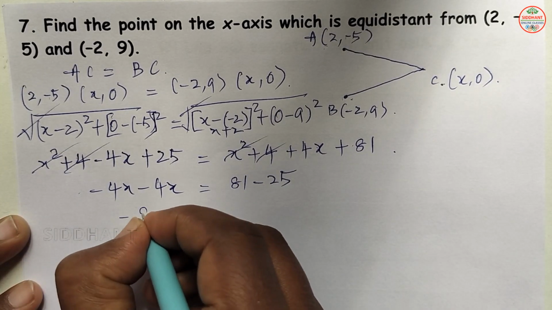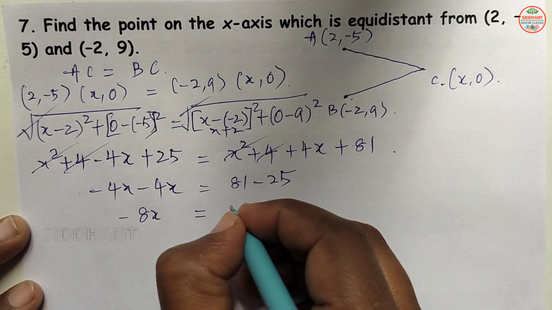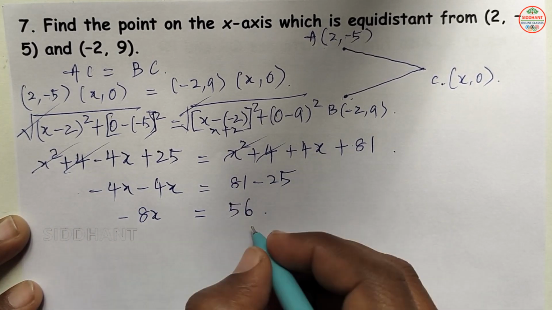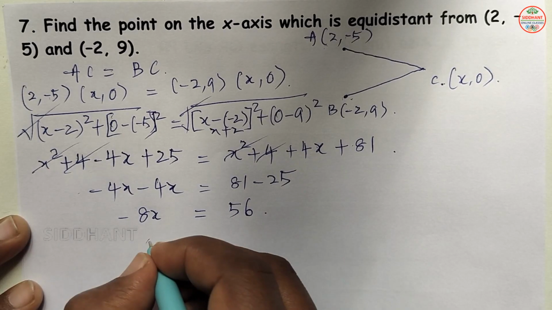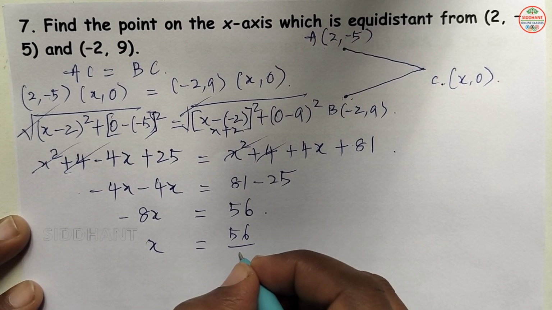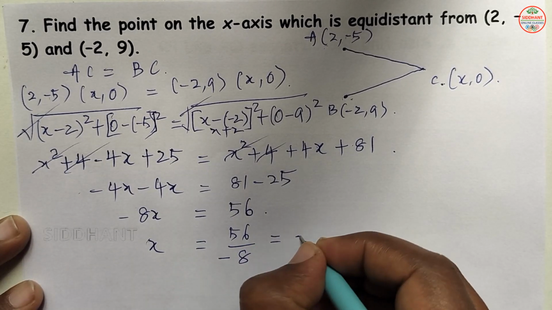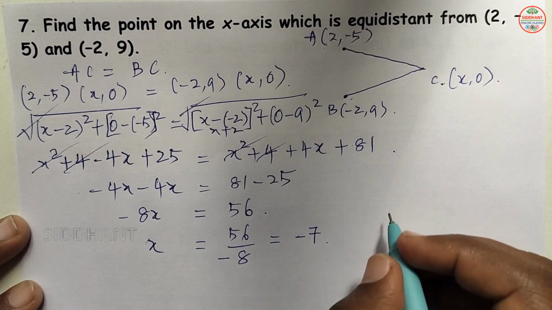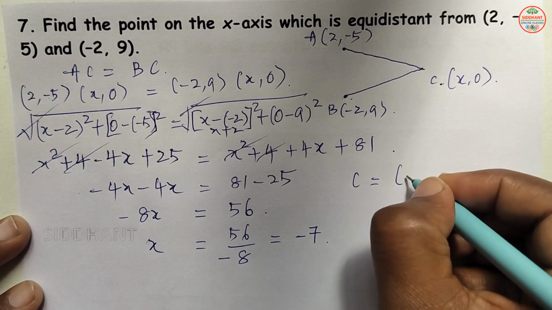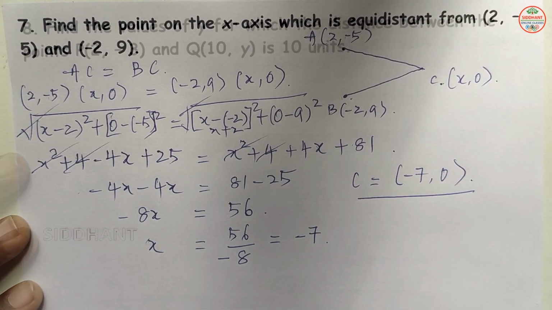So that will be minus 8x equal to 56, and x is equal to 56 by minus 8, that will be minus 7. So the C point is (-7, 0).